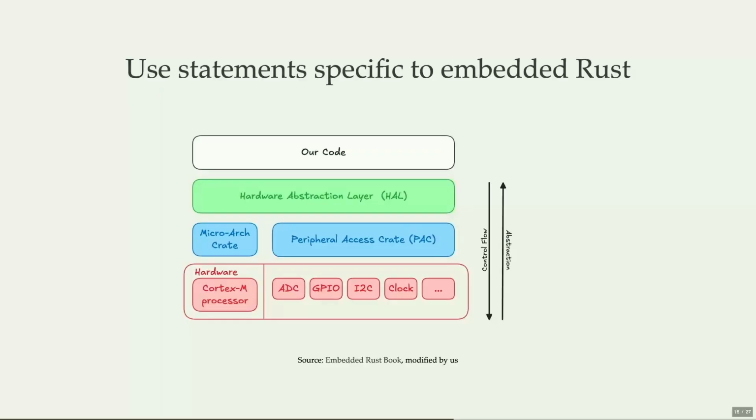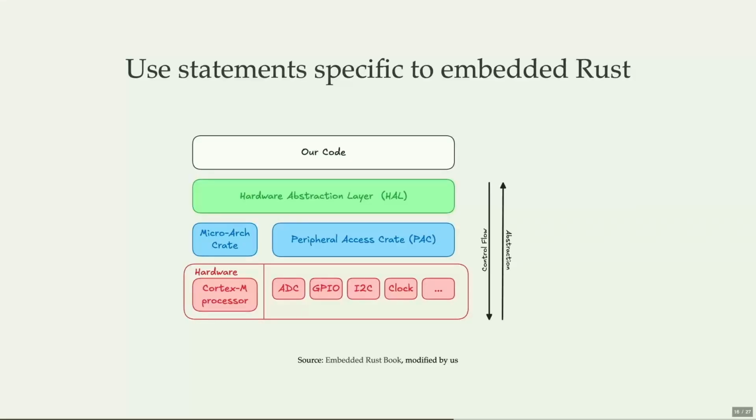Moment, let me navigate to. I don't have Dominic's slides available here, but I have this one. So unsafe code basically lives in everything down from the hardware abstraction layer.